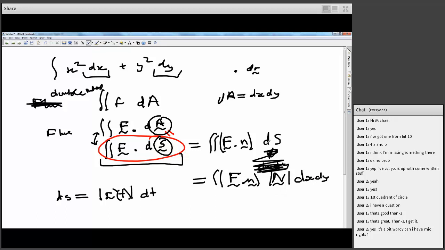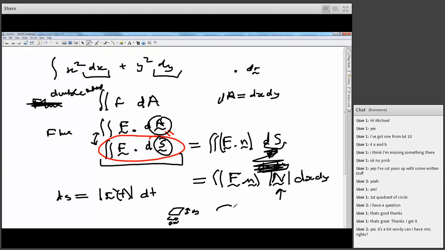Because it's a curved part, you actually have to add a term at the front to capture that curvature. Why is that the case? If you've got a bit of square with lengths dx and dy, then the area is just the product dx dy. That makes sense.